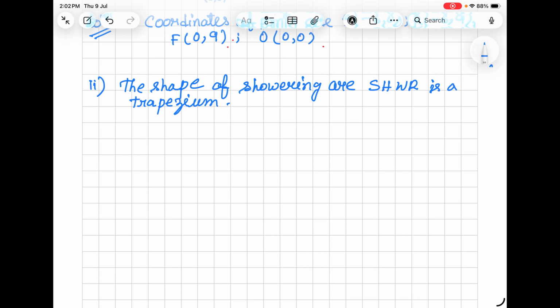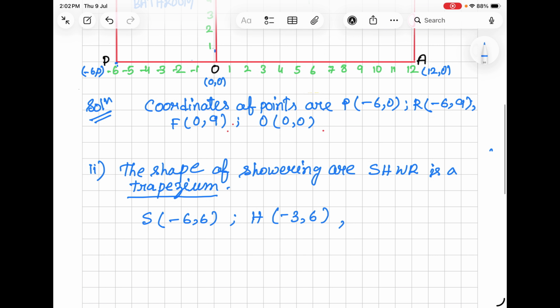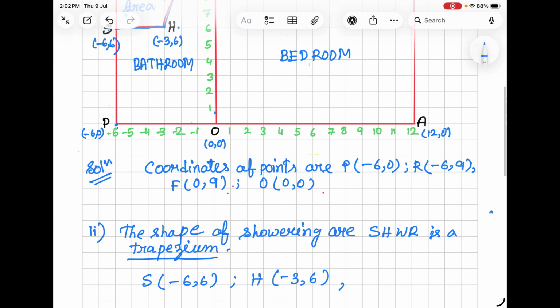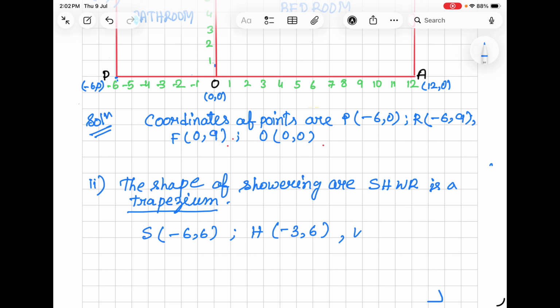And the next part of the answer will be the coordinates of the four corners of this showering area. First corner is -6, 6, second one H -3, 6, then W -2, 9, and also R -6, 9.